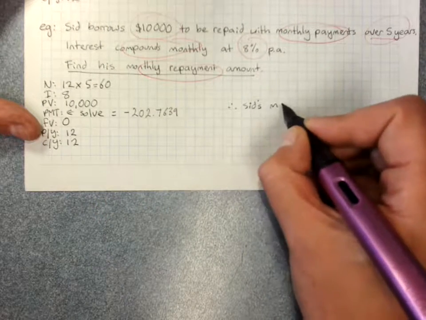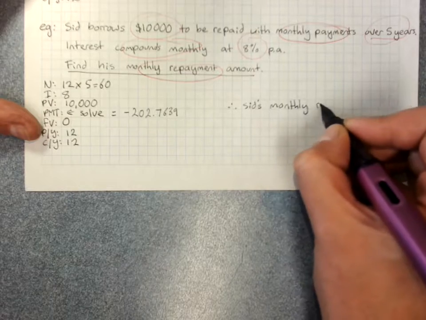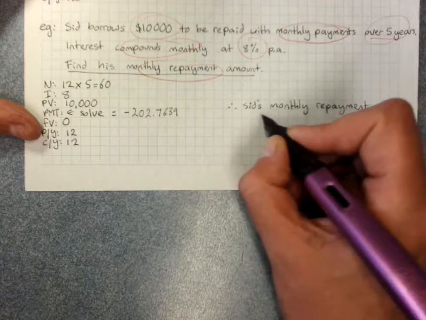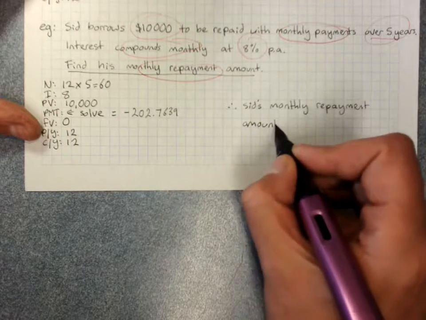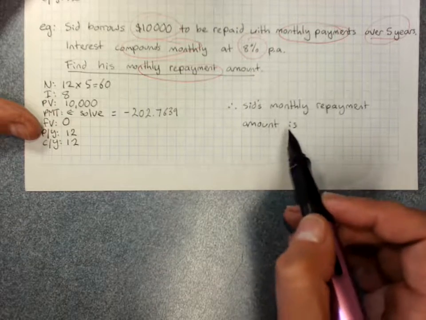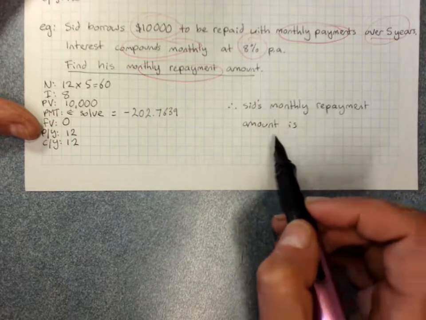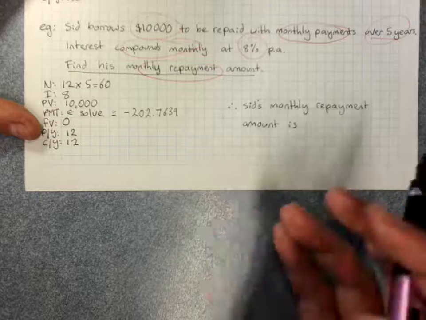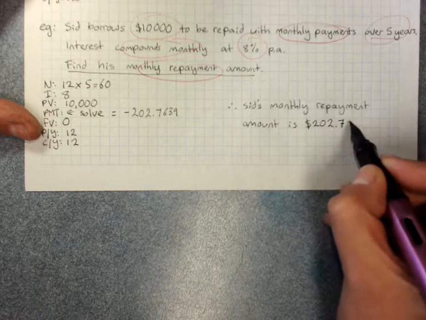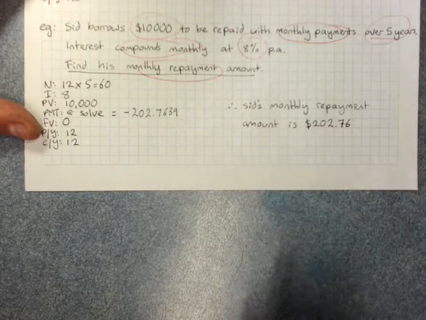Sid's monthly repayment, sorry about the vacuum cleaner noise out there, and again, we don't give this as a negative, because you don't say, I will repay negative 200, no. His monthly repayment amount is $202.76, rounded to 2 decimal places.